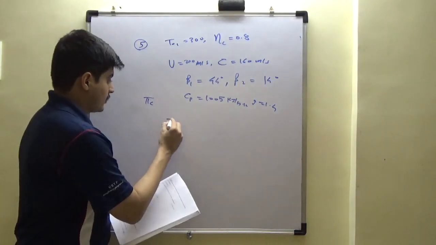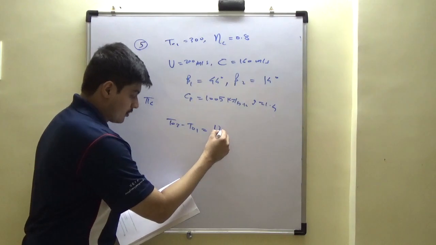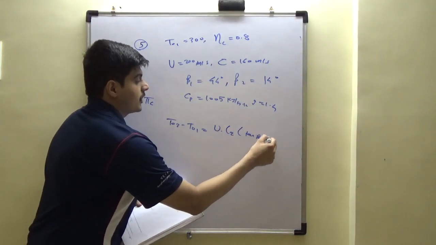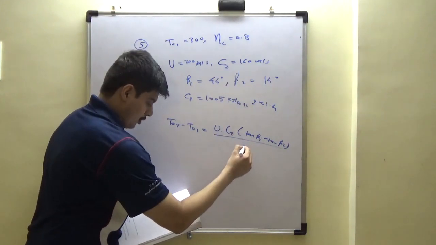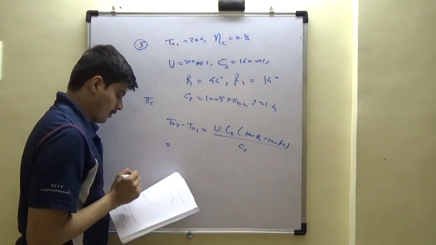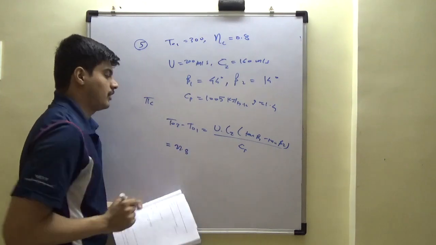Now, what is T03 minus T01? U Cz (tan beta 1 minus tan beta 2). This is Cz axial upon Cp. Therefore, if you substitute this, what will be the delta T?